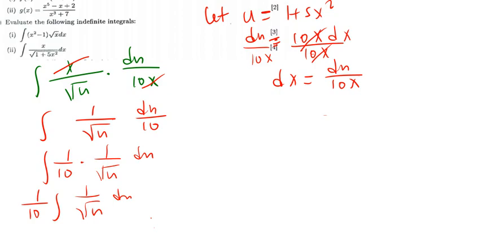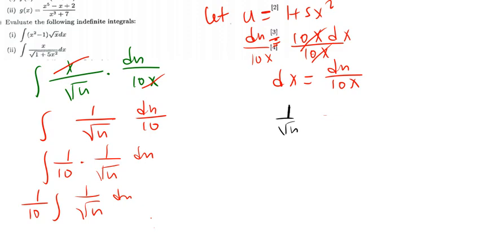Now, I only have du there inside and u. Now I can integrate. So what I'm going to do here now is, I'm going to make this 1 over the square root of u, now I'm trying to remove the square root.